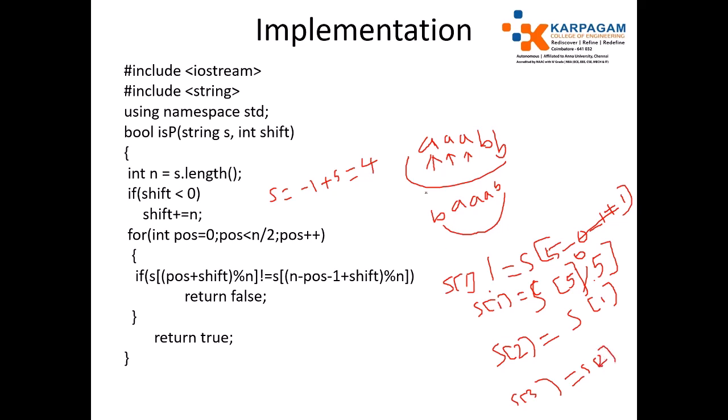Just check, S of 3 is 0, 1, 2, 3 is B, S of 2 is A. So the condition failed, so it returned false.